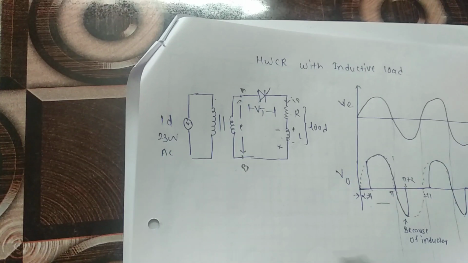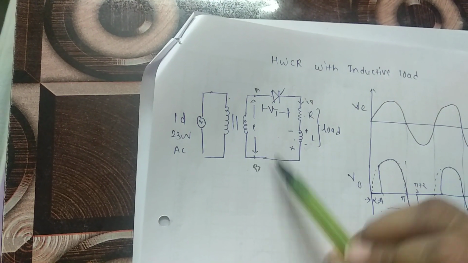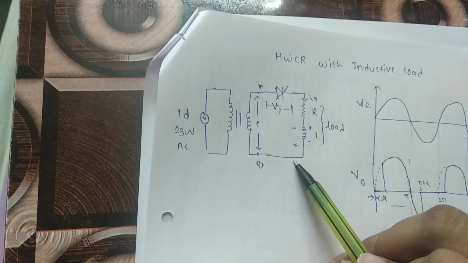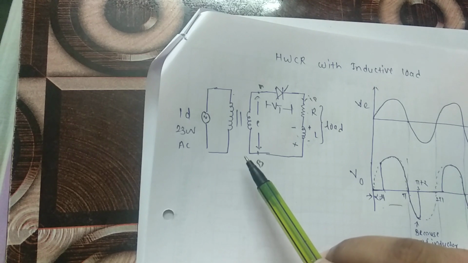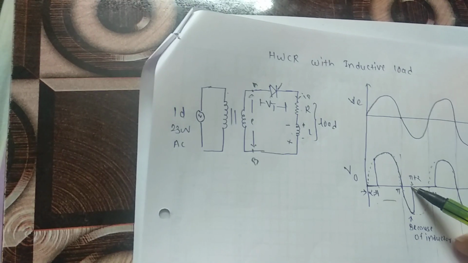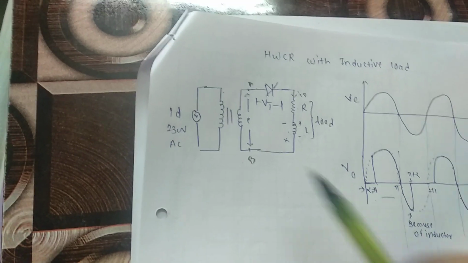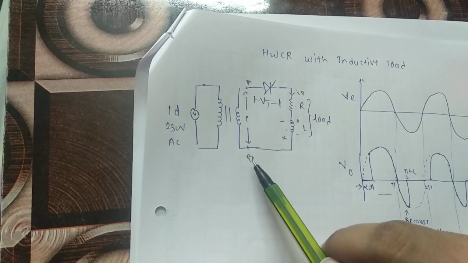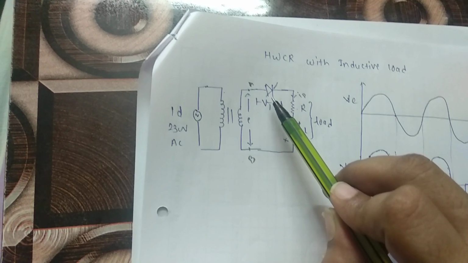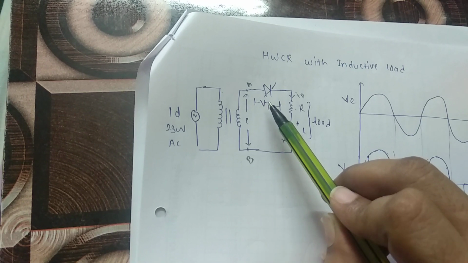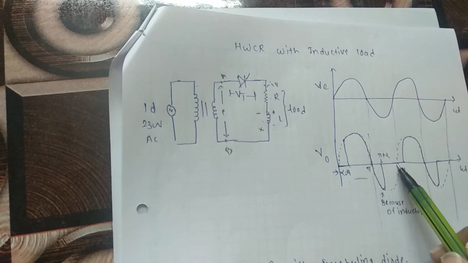At this point, the secondary voltage becomes greater than the voltage across the de-energized inductor, so our SCR gets reverse biased and now it stops its conduction. So here the SCR stops its conduction. As we know, during the negative half cycle, terminal A becomes negative and B becomes positive, so the SCR gets off now. It gets reverse biased, so it will not go into conduction. So we will not get output voltage during this period.